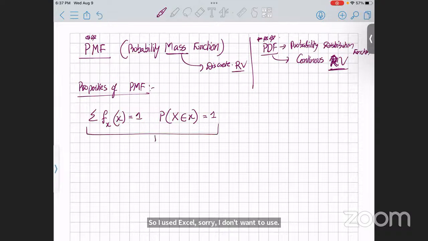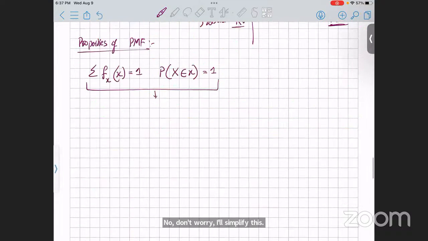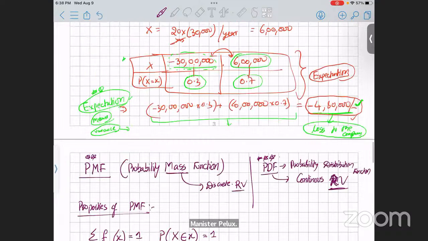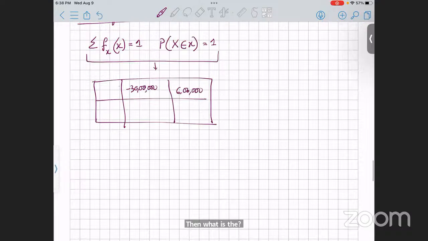I will simplify this. First of all, we'll take the same example: minus 30 lakhs and 6 lakhs, with probabilities 0.3 and 0.7.